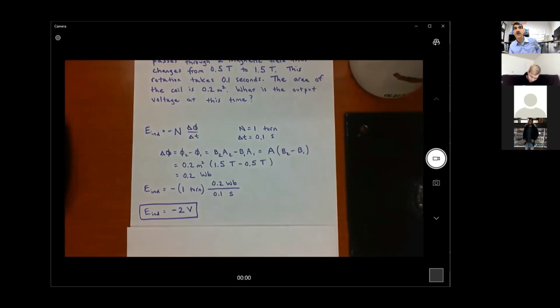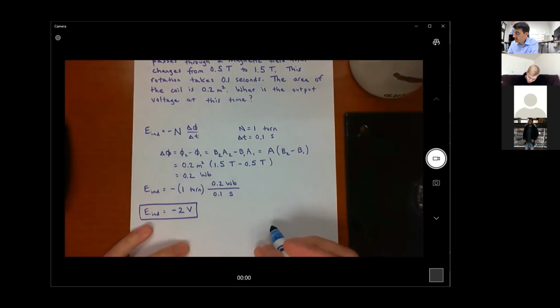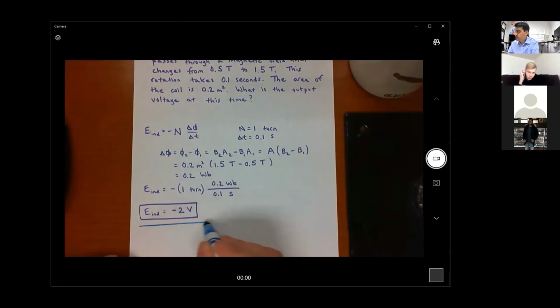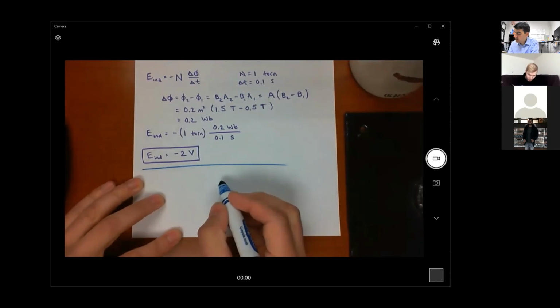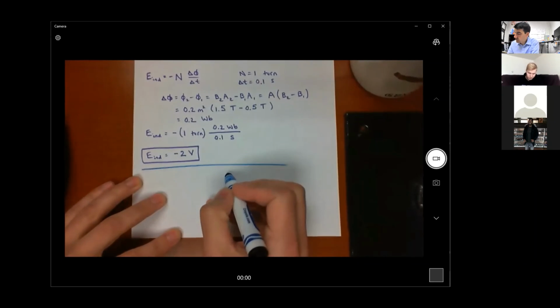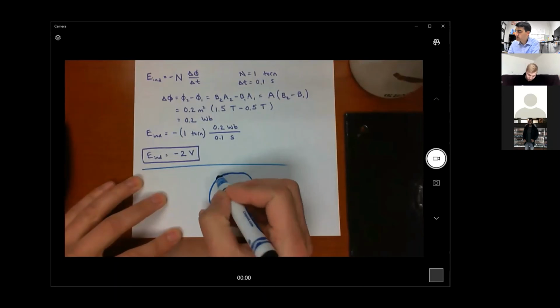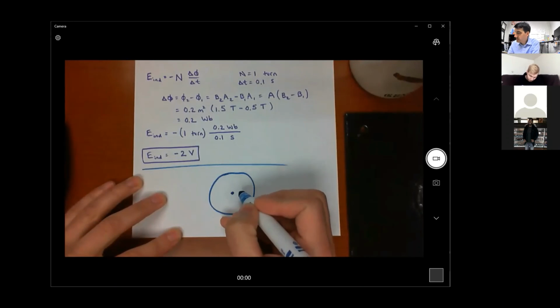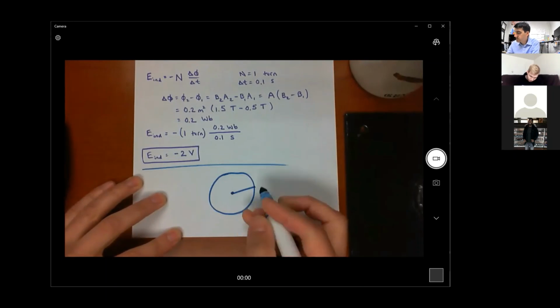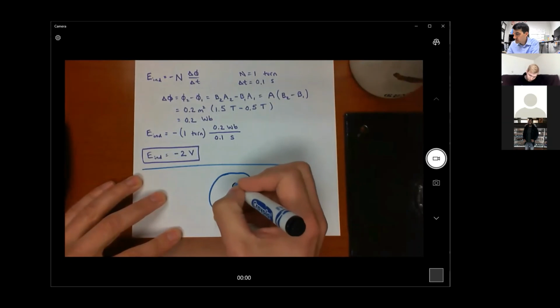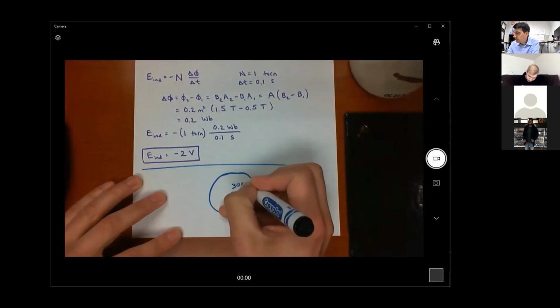As I recall, in the next problem set, there is a problem where you need to convert into meters squared. Here's a hint. Let's say, in a separate problem, you're given that the armature, the coil of wire, is a circle, and that the radius of that circle is, I don't know, 30 centimeters or something like that.